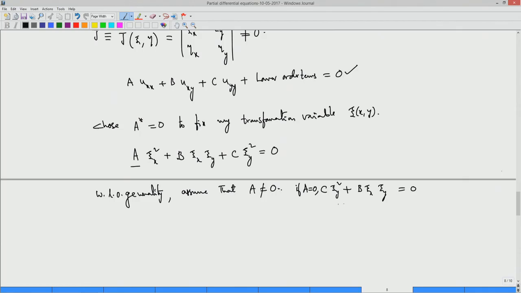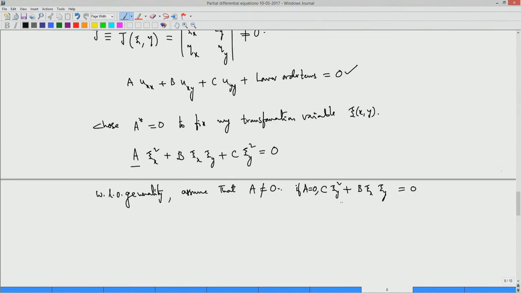The idea is that I divide both sides by xi x square, so you get an equation in terms of xi y over xi x. If a is 0, your equation becomes this.